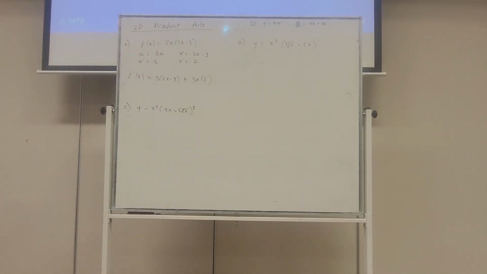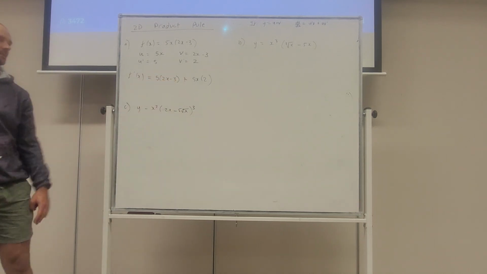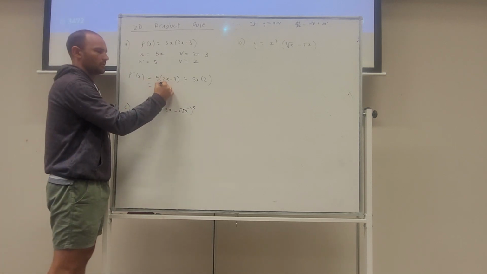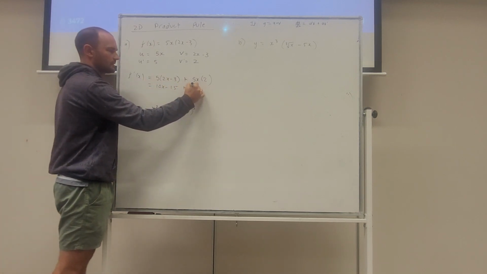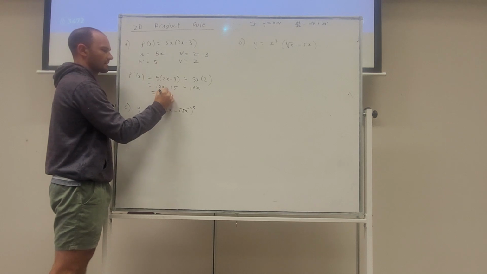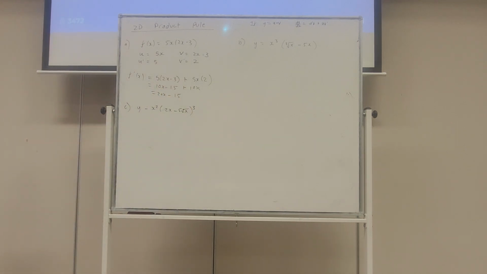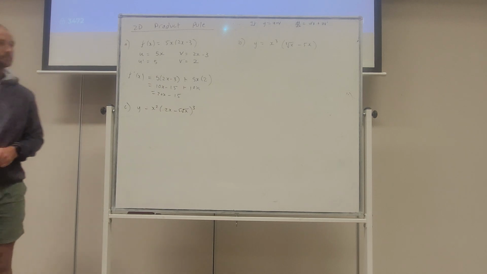Okay, full marks then. However, we can expand and collect like terms and so forth, but we do have full marks here. Alright, so 10x take 15 plus 10x, we have 20x take 15. Okay, move on to B.